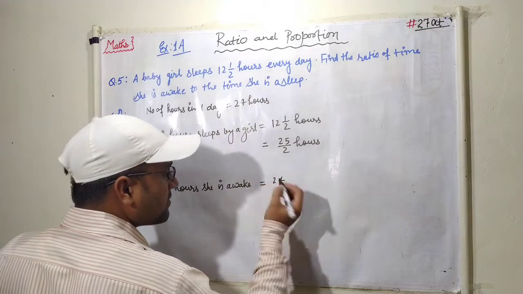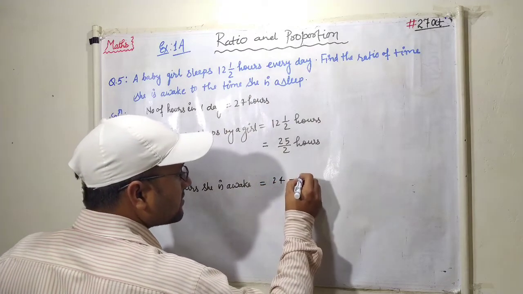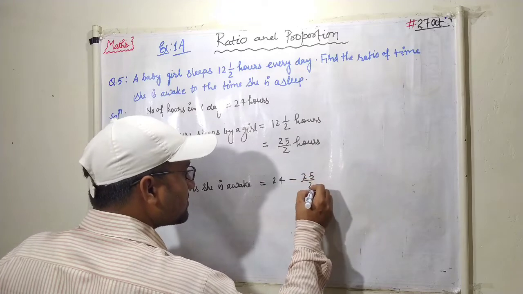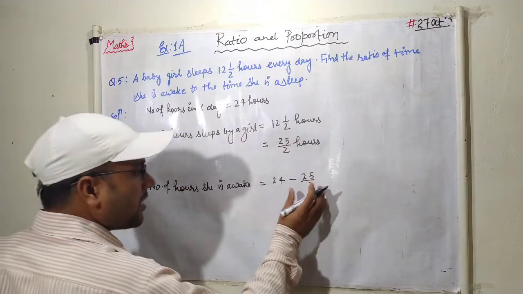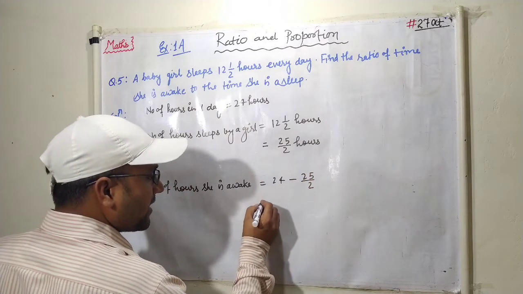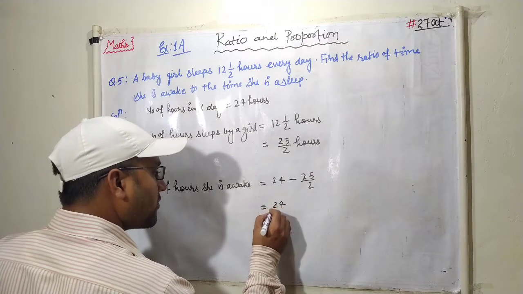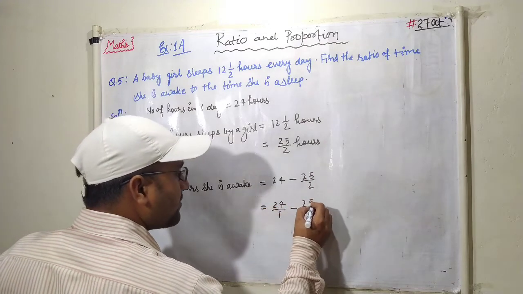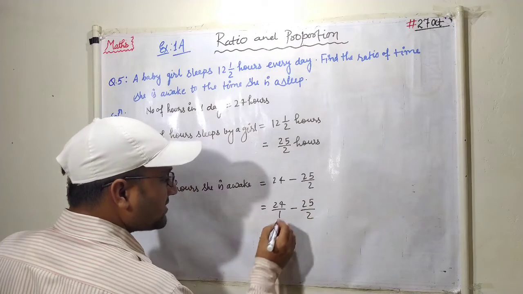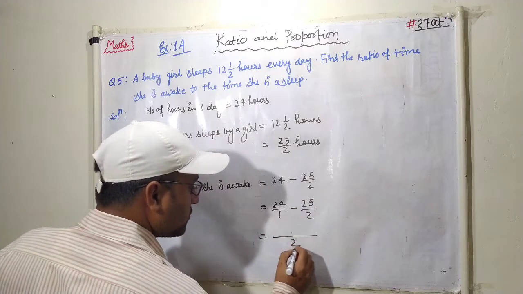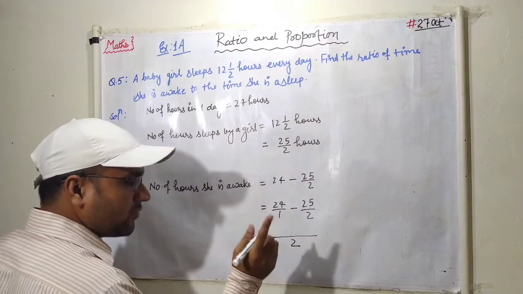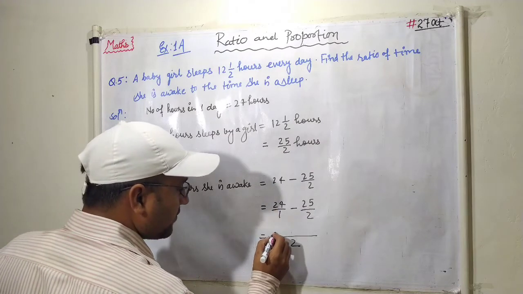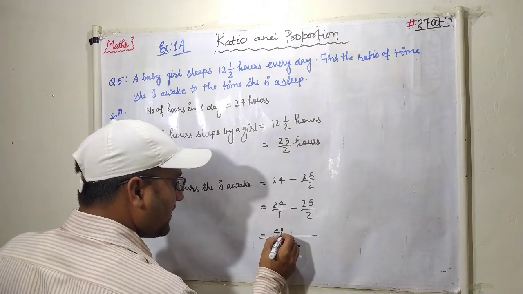So 24 minus the number of hours slept by her, 25 by 2. You will write this as 24 upon 1 minus 25 by 2. The LCM of 1 and 2 is 2. So 2 divided by 1 gives 2, and 2 is multiplied into 24. You will get 48.